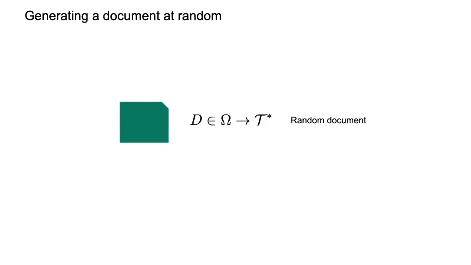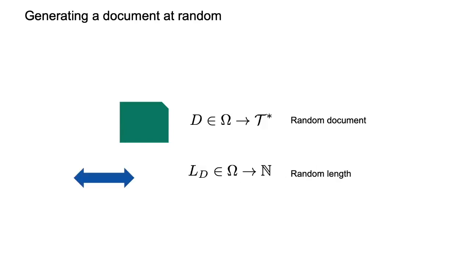This is what T star is. It's any finite sentence, basically. And I told you that a random variable is neither random nor a variable. It's just a function from the omega space to the set you want. So here we just have D as a function from omega to the set of all documents in the list of words meaning. Who is following? Right? So D is still denoting a random variable that's a document, but with the list of words model.